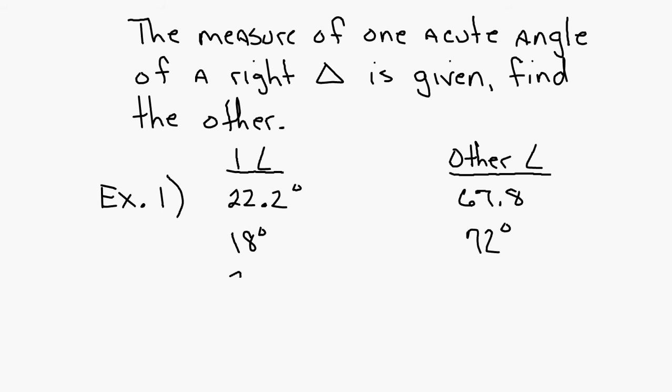If one of the angles is 30, what's the other one? 60. Now, do you see the pattern? Isn't it 90 minus the given angle equals the other angle? So what if the given angle is y? What's the other angle? 90 minus y. Very good.